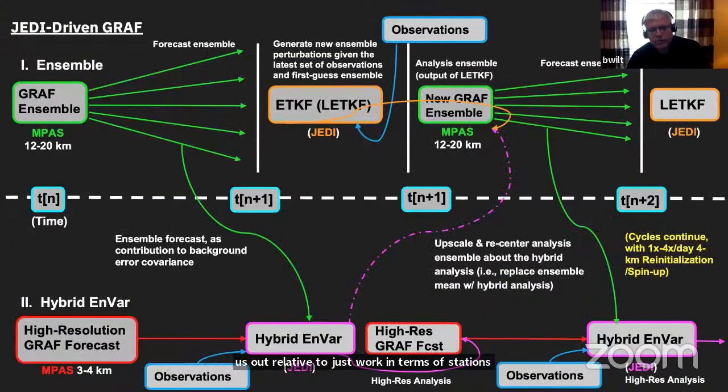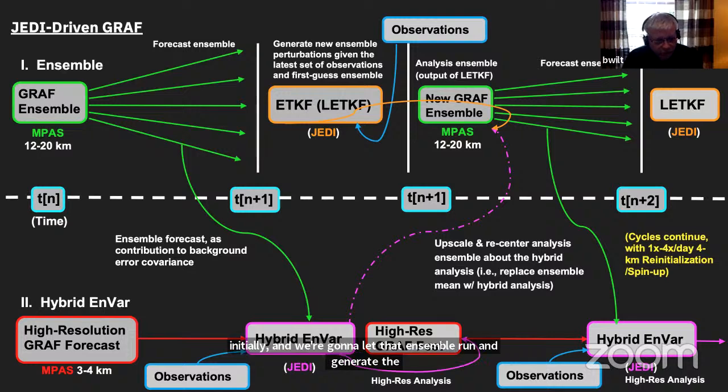I'm sure this plan will change, but this is where we're initially headed as far as development, which is to have sort of a two-prong data assimilation aspect here. One of them is that we're planning to run 12 to 20 kilometer GRAF ensembles. This will probably be 20 to 30 members initially, and we're going to let that ensemble run and generate the perturbations, and then that will tie into a hybrid EnVar ultimately.